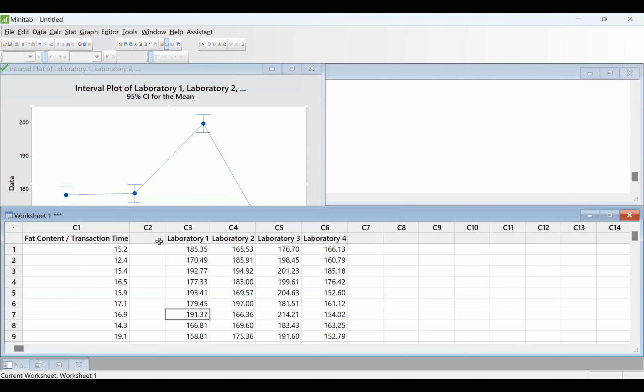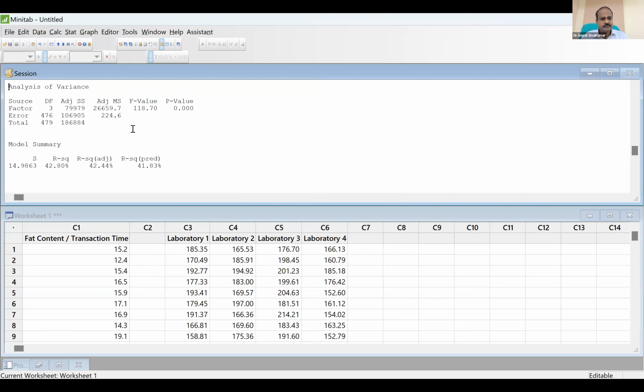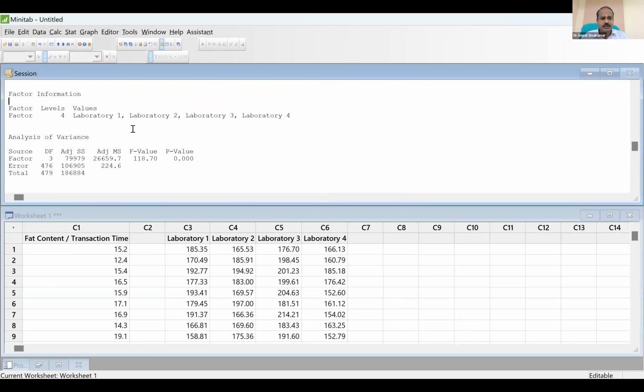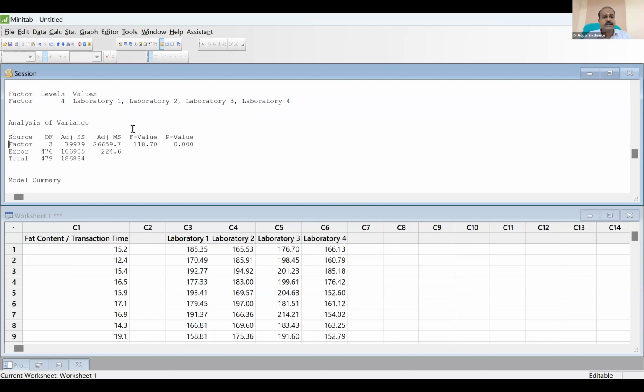And now let us go to the ANOVA table. Every piece of information is available: factor, level, etc. This is called the ANOVA table. As far as the factor is concerned, the factor is the laboratory. What is the associated p-value? 0.